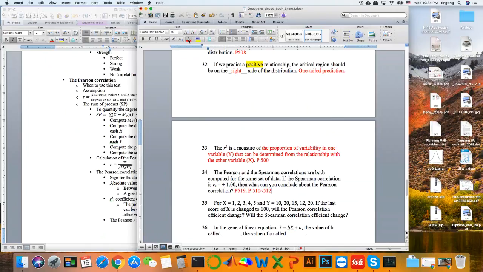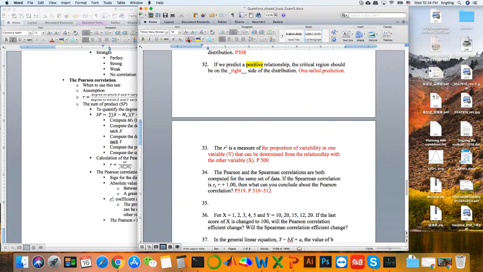So we just said the Spearman correlation can describe the direction of the relationship, but its magnitude or its strength will be different from the Pearson correlation because we ignore the actual numbers. We just transform them into ranks. We just focus on their relative relationship, meaning the rank.